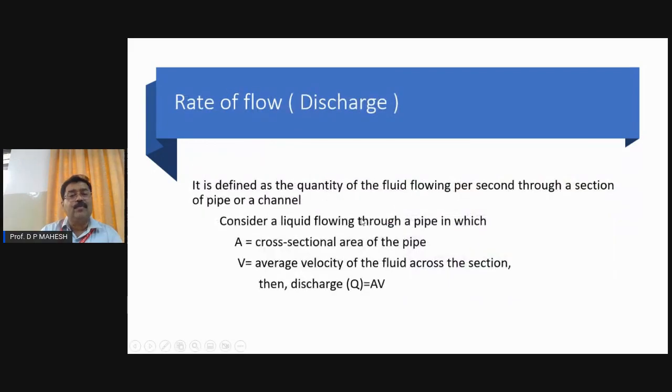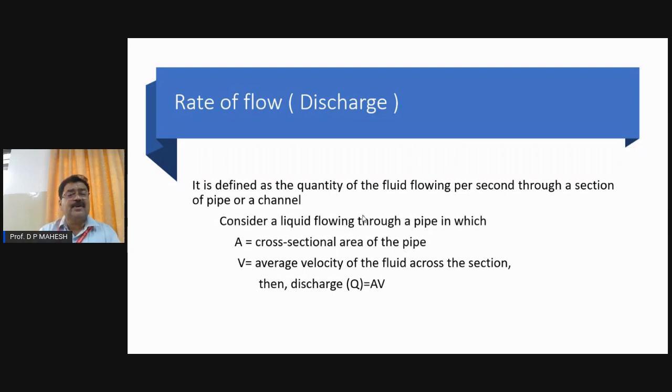Now coming to the rate of flow, also called the discharge. If you have come across the flow of liquid in a canal or in a pipe, what is the quantity, with what rate are the liquids moving in the channel or in the pipes? That is called the rate of flow. Rate of flow means a known volume of liquid which passes through a certain section in a given amount of time.